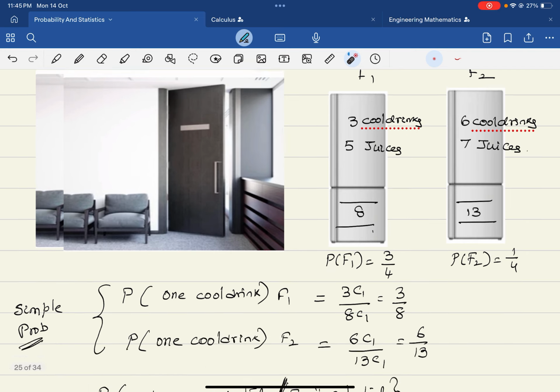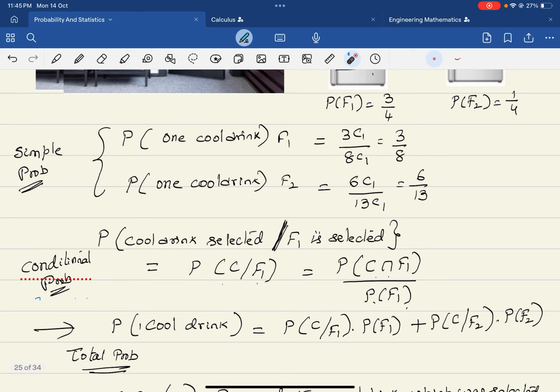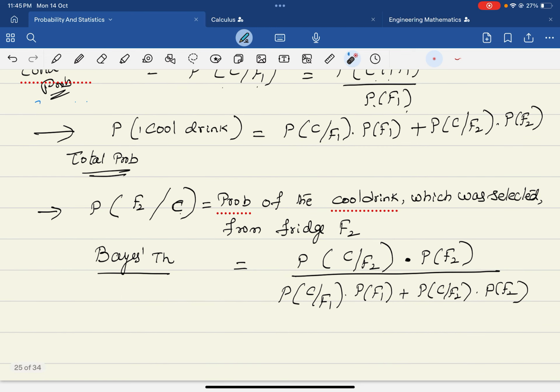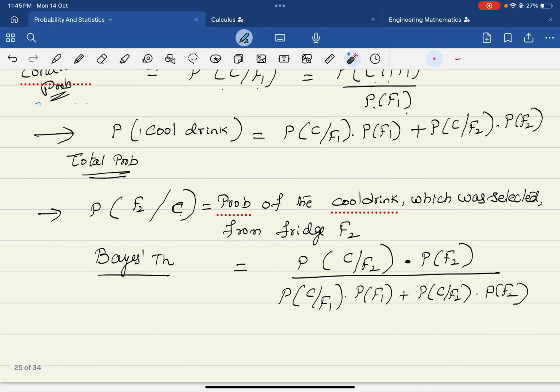In conditional probability, the selection of the cool drink was given that fridge 1 was already selected. Now in the Bayes theorem, what is given is the cool drink. Somebody has already selected the cool drink. Now you tell me the probability that this cool drink was selected from fridge 2. That is what is asked, suppose.